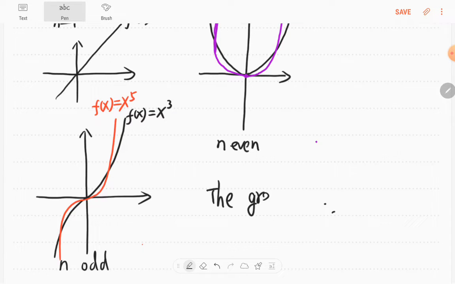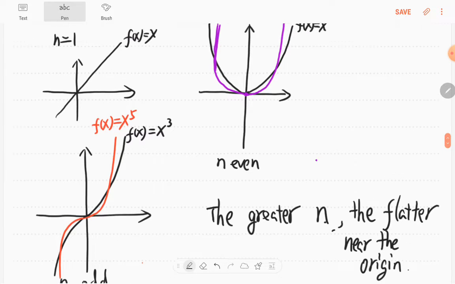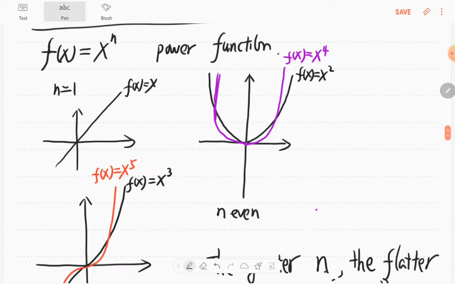The greater n, the flatter the graph near the origin. So you can see near the origin much flatter, right? So now we have this kind of power function.